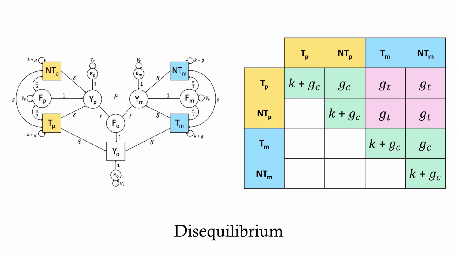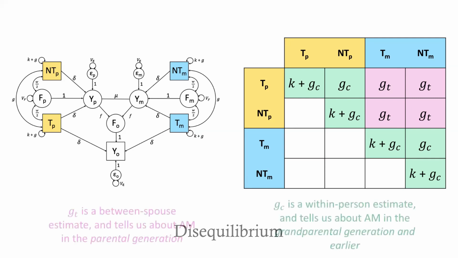At least it is for me to remember the different Gs. So to reiterate, GT is a between spouse estimate, and it tells us about assortment in the most recent generation. So if we're speaking from the perspective of this offspring, it is telling us about assortment in the parental generation. GC, meanwhile, is a within person estimate and tells us about AM in the grandparental generation and earlier.